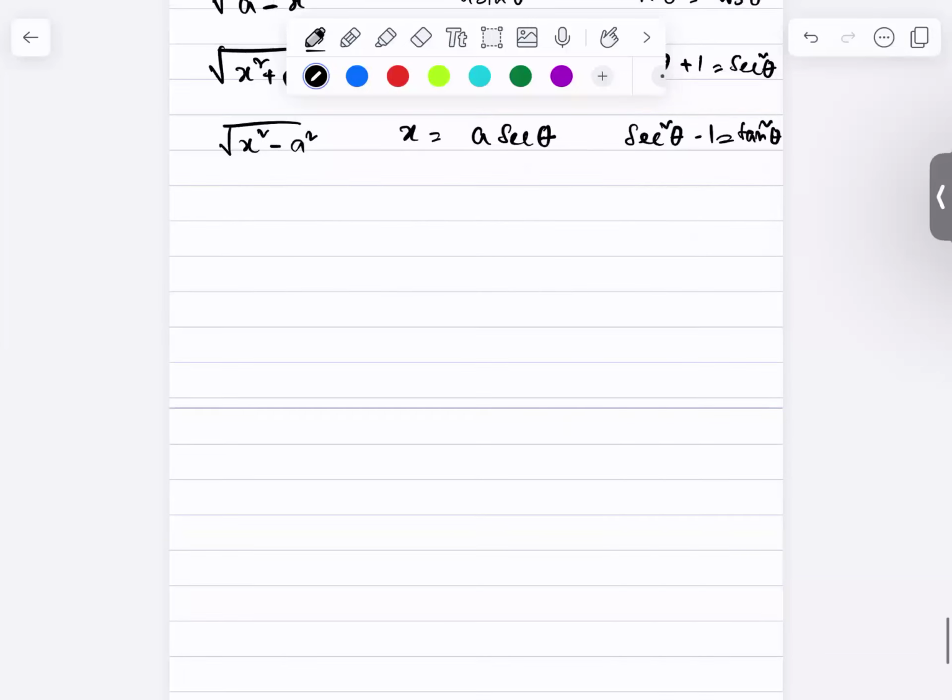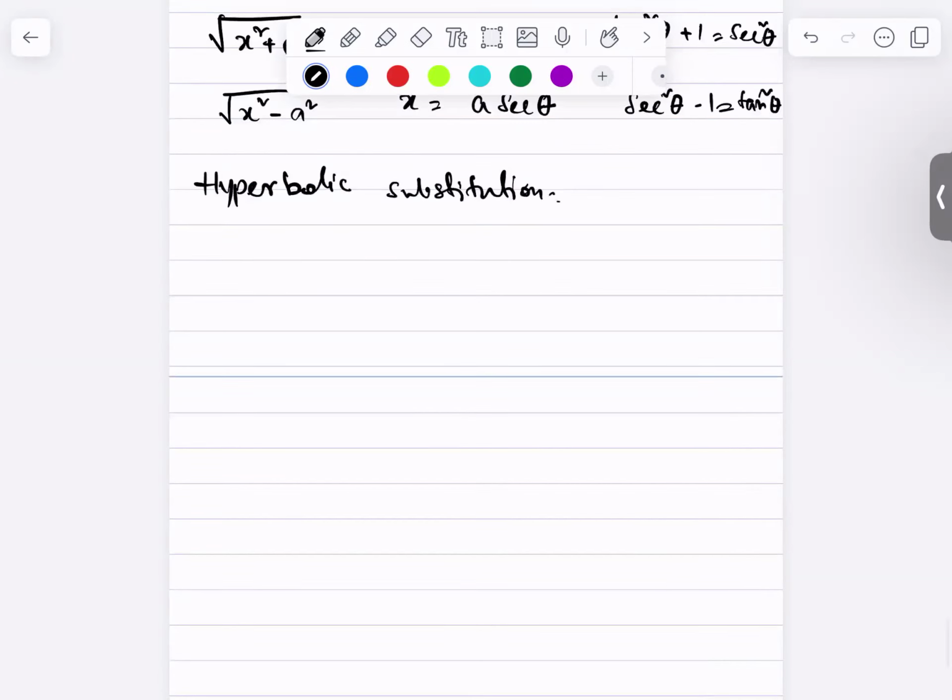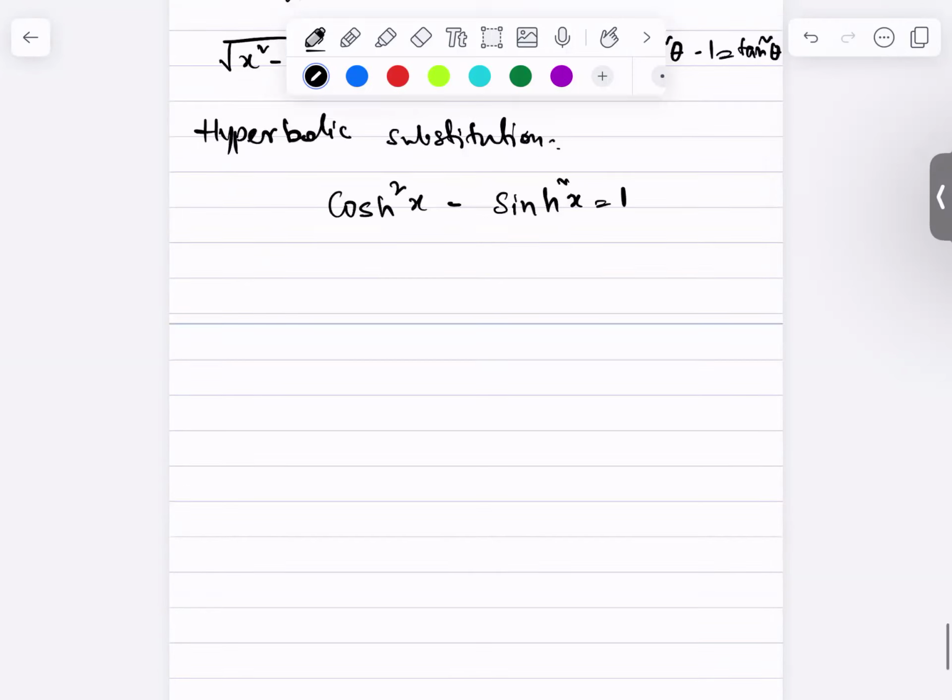Similarly, for hyperbolic substitution, the identity that we use most of the time is cosine hyperbolic square x minus sine hyperbolic square x equals 1.